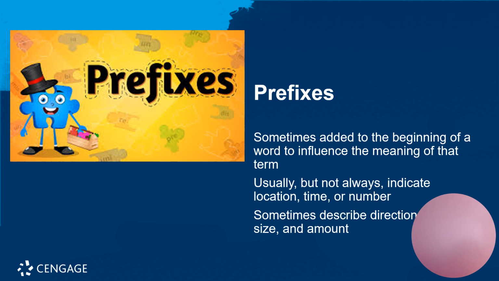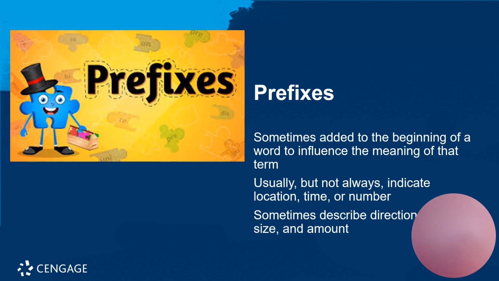Some prefixes can be very confusing because they're similar in spelling, but opposite in meaning. So you really have to look at these carefully. Contrasting and confusing prefixes are listed in Table 1.7 in your textbook.